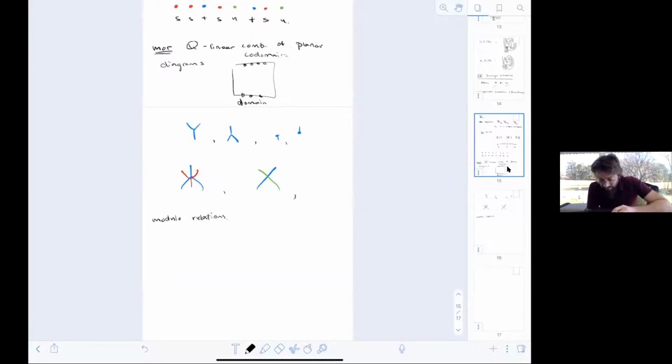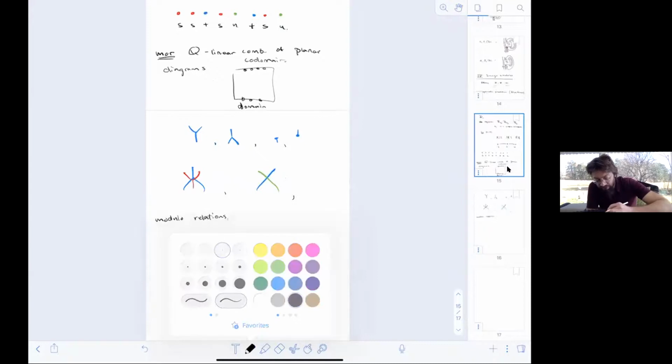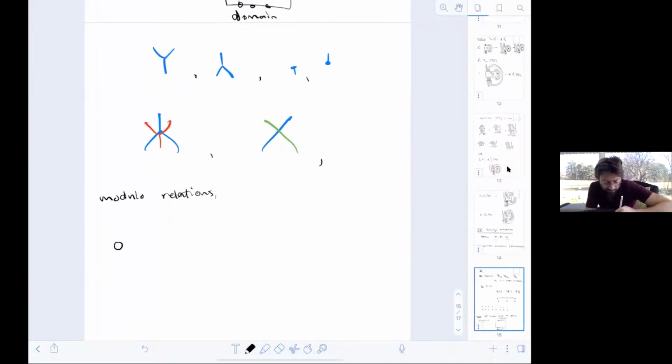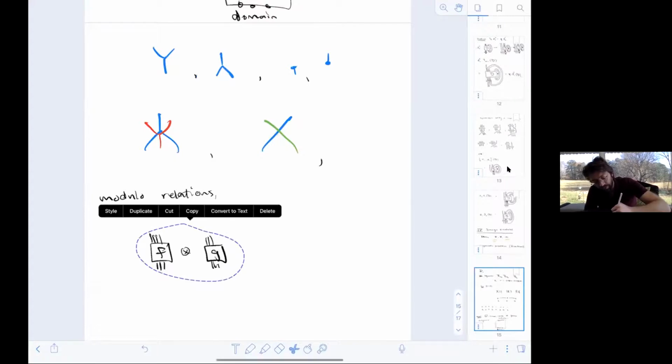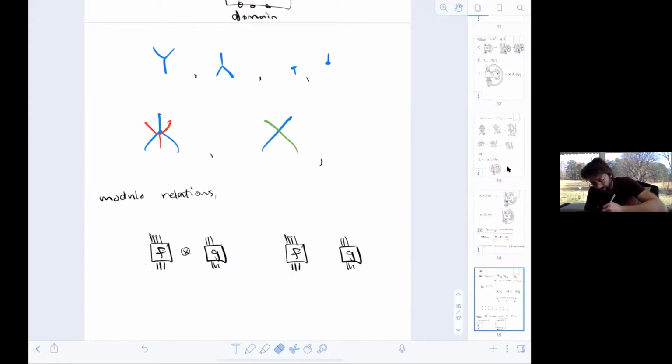Okay, so the relevant fact for us is that the tensor product in this category is obtained by placing diagrams side by side. So if you have a diagram F that represents some morphism in this category, and a diagram G which represents some other morphism, their tensor product is just given by horizontal concatenation. So you just place the diagrams side by side, and this is the tensor product in this category.